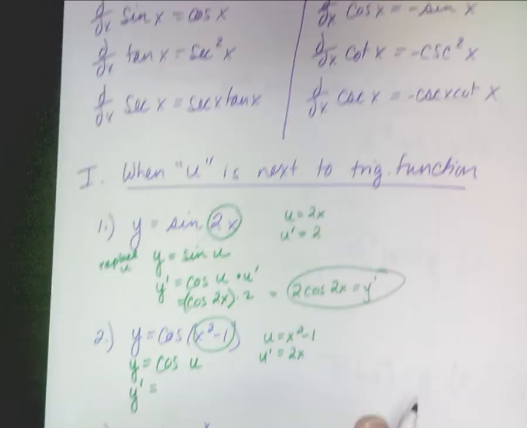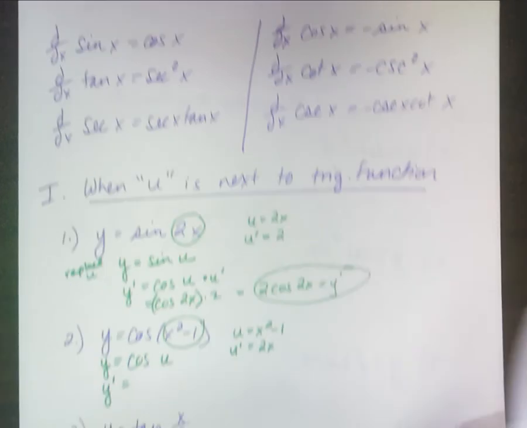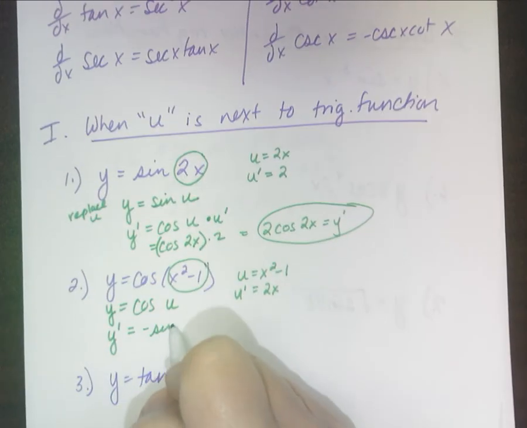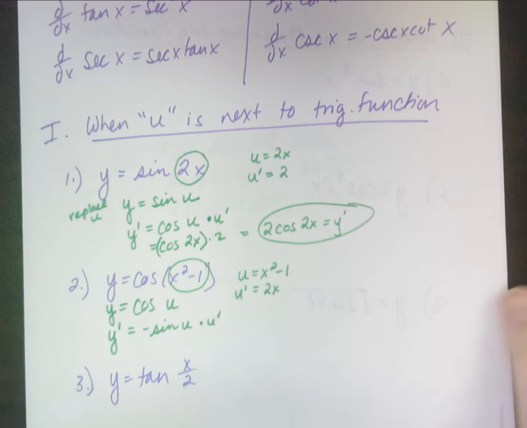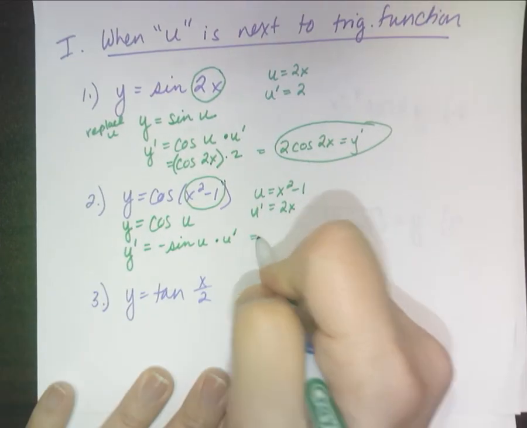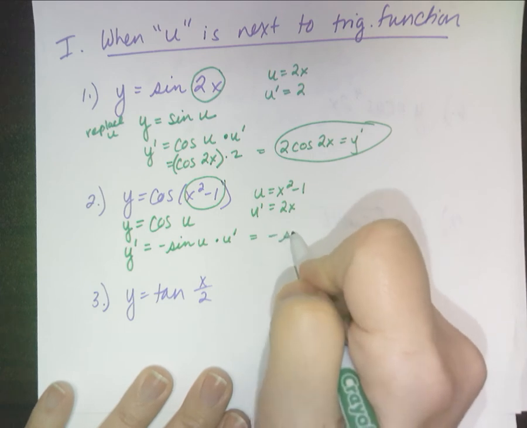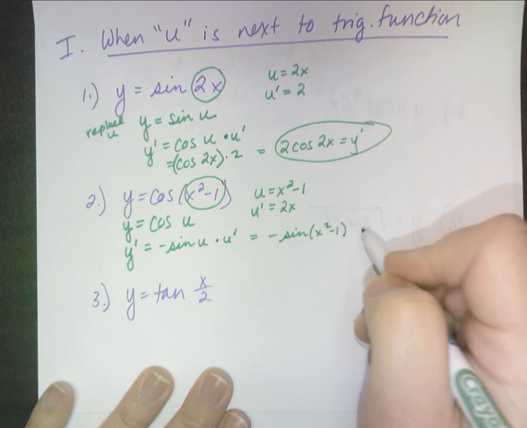The derivative of cosine is negative sine. So this would be negative sine U, but attach the chain. So what would that look like with our replacing? It would be negative sine of x squared minus 1 times 2x.